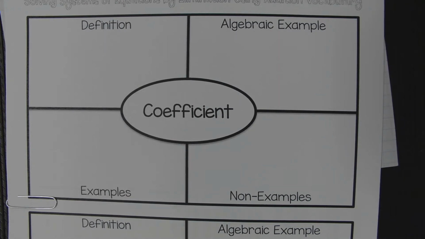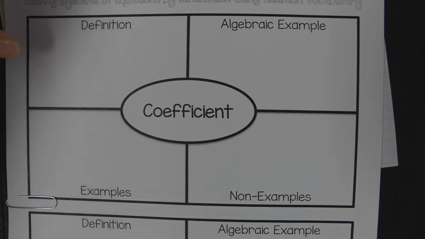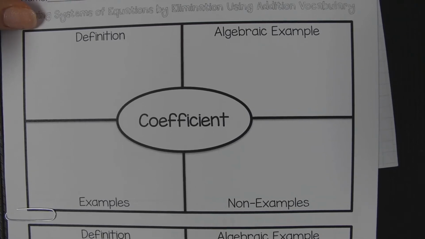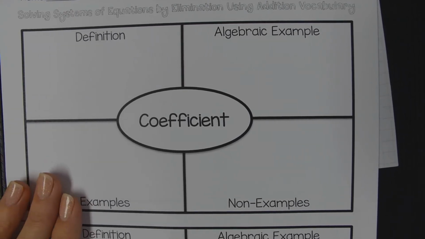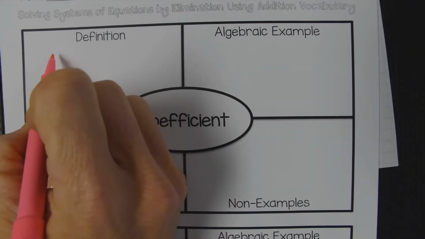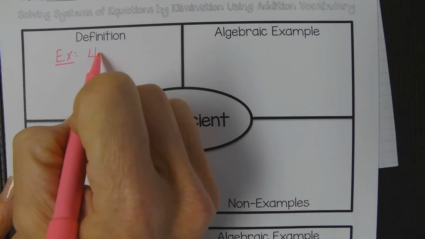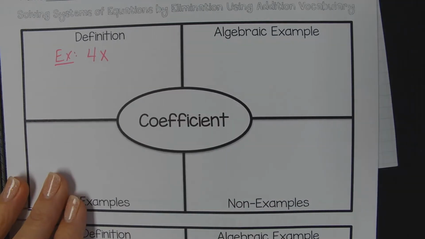Somebody tell me the definition in their own words, coefficient. That's a fancy word, Tyler. It's when there is a number and a variable. Okay, but what's the coefficient? So here, let me give you an example, and you tell me. Which one's the coefficient?